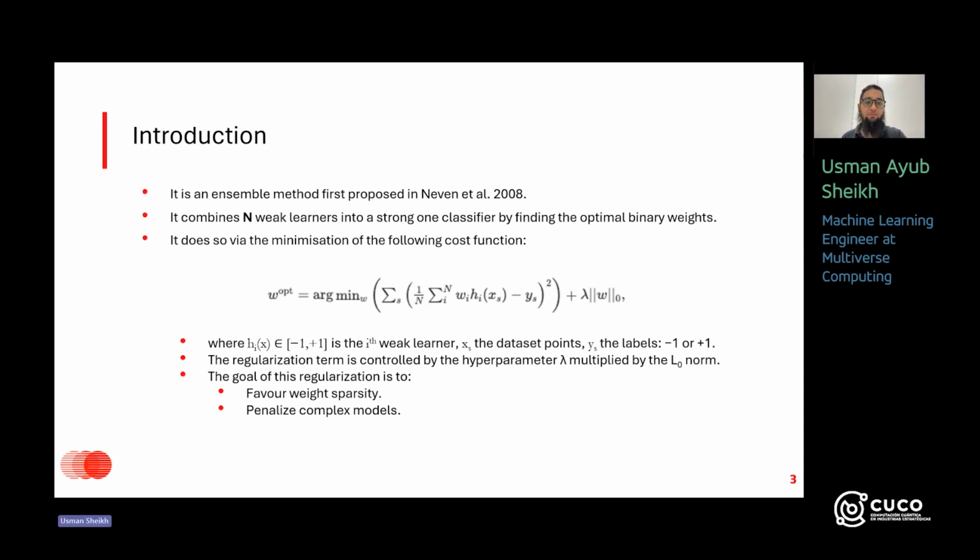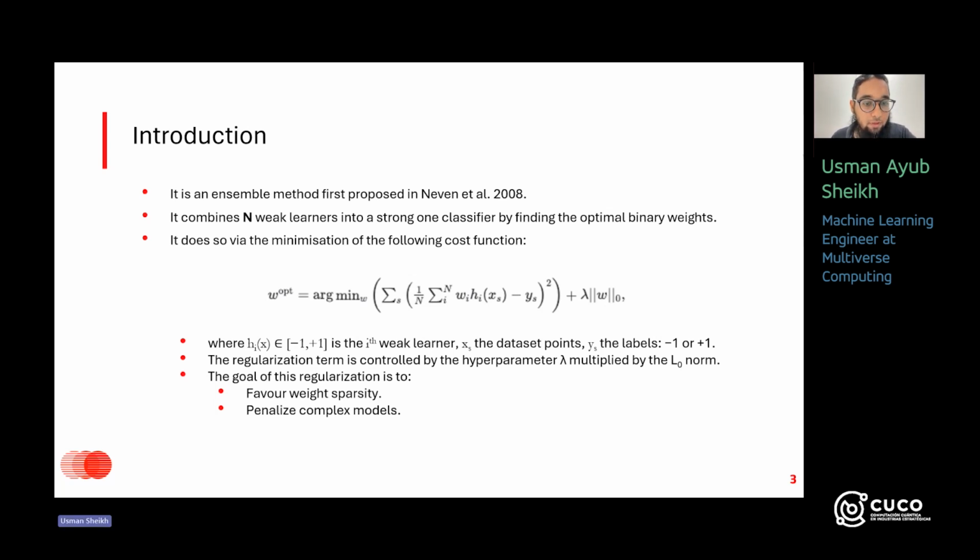So hi of x is basically the predictions that specific learner gives to each of the data points in the training set. And xs is one data point, and similarly ys is the corresponding prediction.